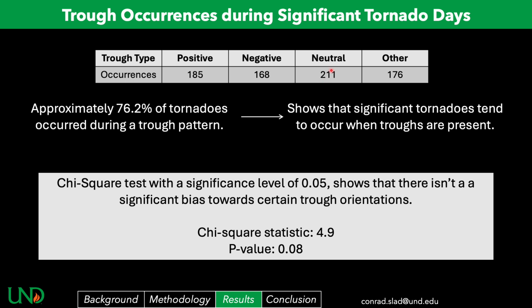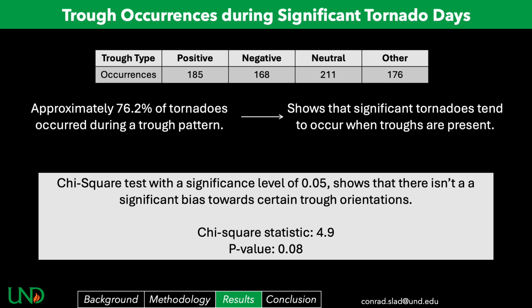We had 211 days with a neutrally tilted trough, and then also 176 days that were classified as other, because either it could be a hurricane or the tornadoes just weren't associated with a trough.